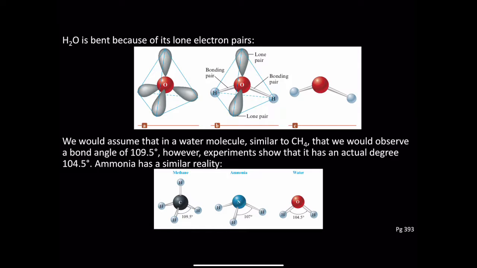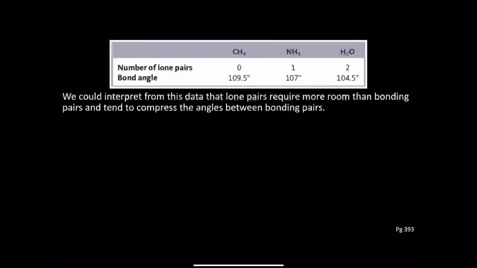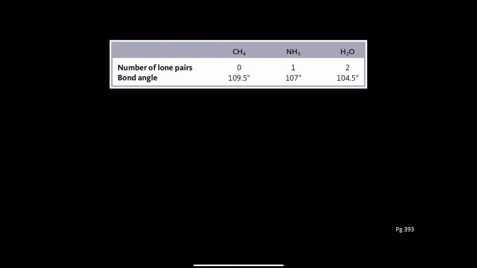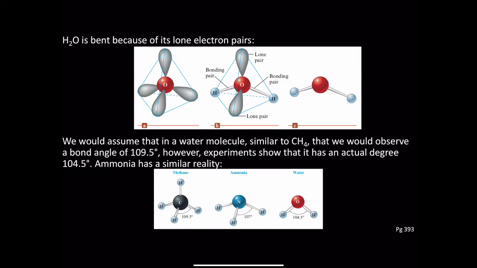And now we might wonder, why is that? One of the things that we can look at is the number of lone pairs. From this data, we get that lone pairs require more space than other pairs of electrons that are in bonds. We might think about that because those lone pairs have nothing positive in them. There's no proton up here or down here.